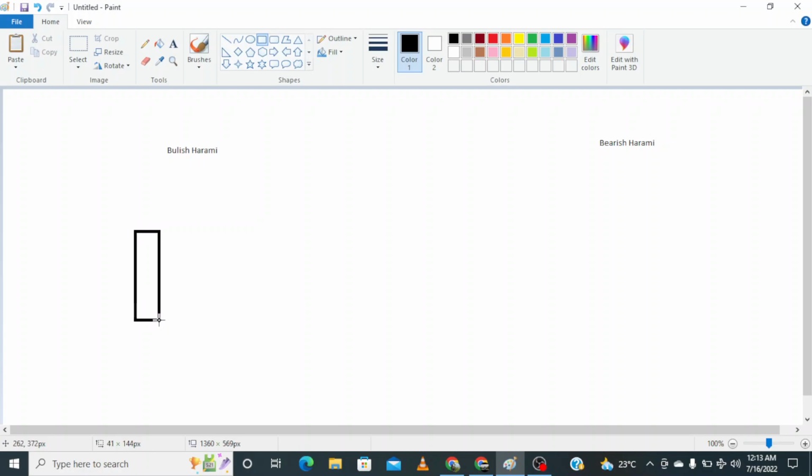Rectangle, yeah. Okay, this is a rectangle here, this is another rectangle here. And again I'm saying this, that you will not find exactly these types of candles ever in the market.